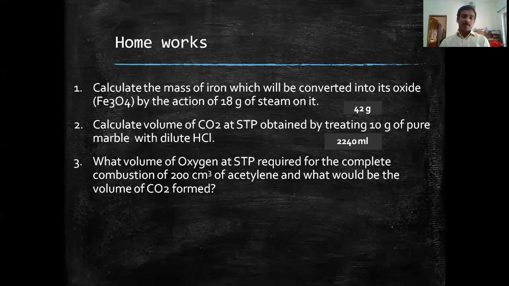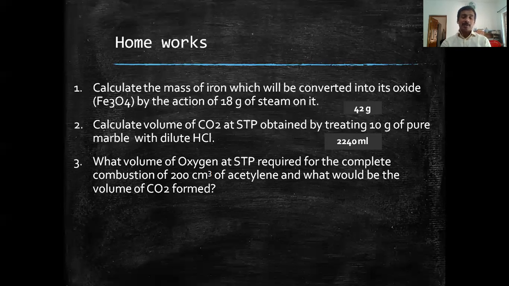And the third one, what volume of oxygen at STP required for the complete combustion of 200 centimeter cube of acetylene, and what would be the volume of CO2 formed? Acetylene, C2H2. Here also the equation is not given. You have to write the equation. One of the reactants is oxygen, another reactant acetylene, C2H2.